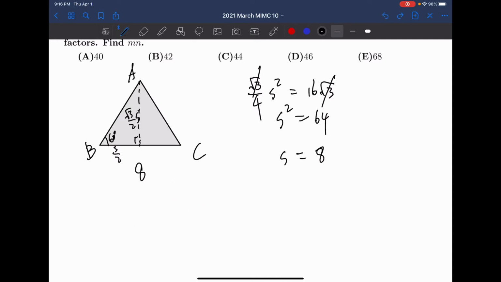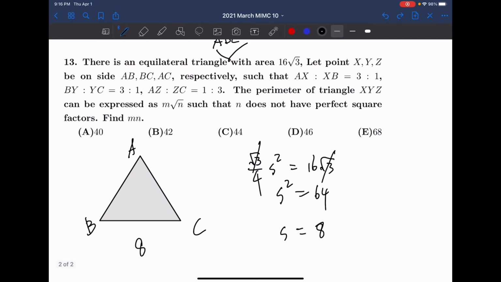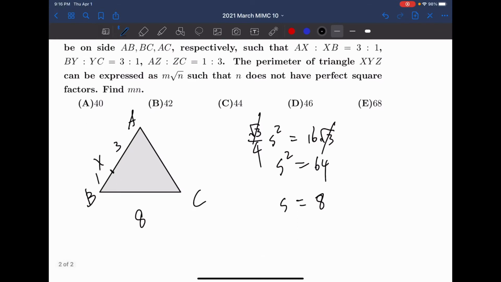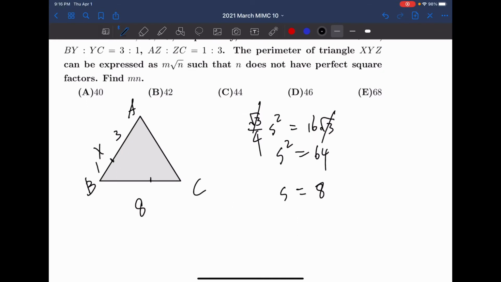So let's get started by doing the last procedures that it told us. The last procedures are AX to XB would be 3 to 1. BY to YC would be 3 to 1. And AZ to ZC would be 1 to 3. And we want to find the area of the inner triangle, or perimeter of the inner triangle.